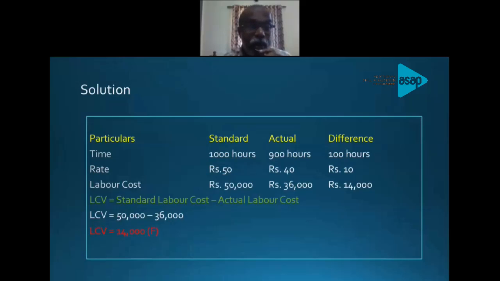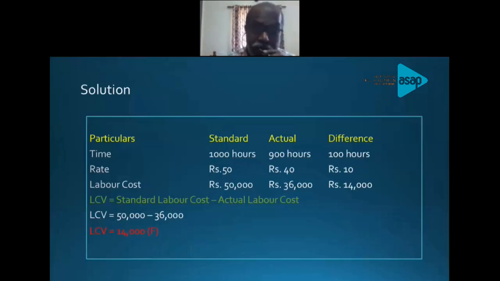So these are the two reasons for creating the difference between standard labor cost and actual labor cost. So the difference is 14,000. The final answer in red color shows labor cost variance is 14,000, and that is denoted as F. F represents what? Favorable. Favorable to the organization.